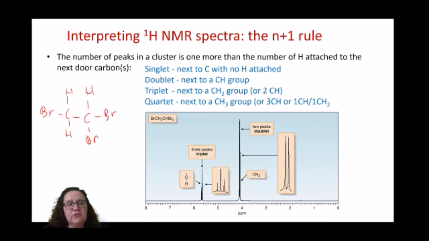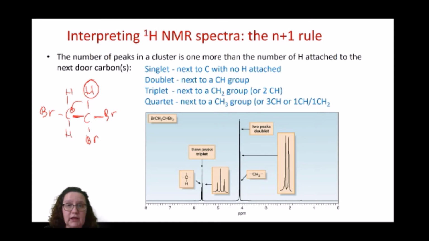First, let's look at this hydrogen here and at how many hydrogens are in the neighboring carbon. There is no neighboring carbon on this side. There's only 1 neighboring carbon here, this one, and that neighboring carbon has 2 hydrogens. That means that the signal corresponding to that hydrogen is going to be a triplet.